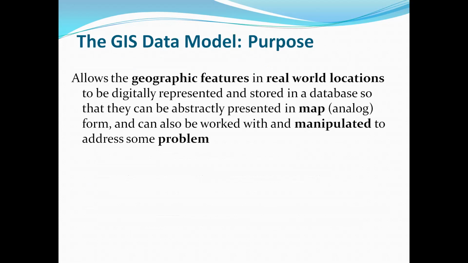The GIS data model, what is its purpose? It allows geographical features in real-world locations to be digitally represented and stored in a database, so that they can be abstractly presented in map form and worked with to address some problem.